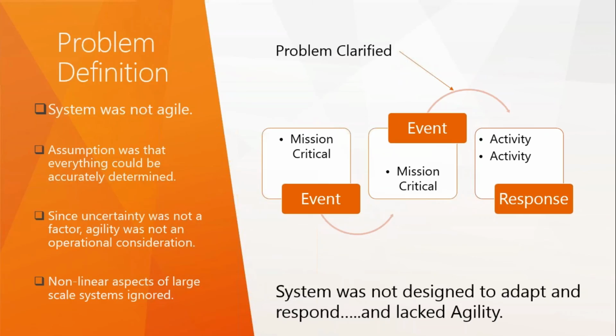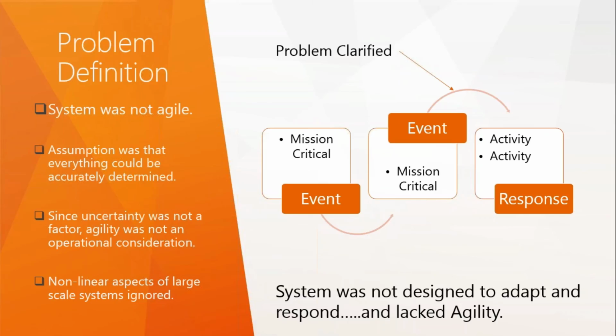Agility really joins hand in glove with this notion that we're dealing in an uncertain world. And so we have got to be able to, one, recognize the fact that we are dealing in an uncertain world, and we have to be able to deal with it in some kind of effective way. So the nonlinear aspects of large-scale systems were ignored.